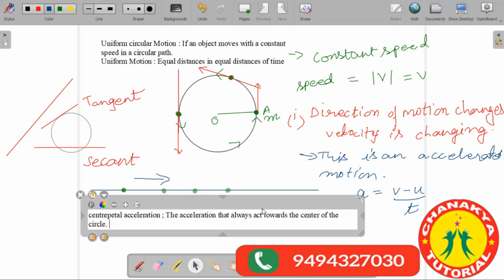And an important point is that it only changes the direction of motion. It does not increase the speed.